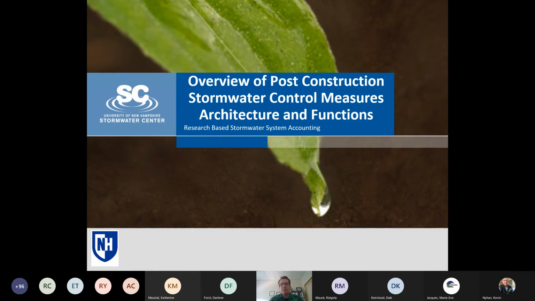I don't know who controls the acronyms, but I guess this dates back to 2008 when the National Academies of Sciences produced a report to Congress about the state of stormwater, and that's where they introduced this new acronym, SCM, which presumably replaces best management practices. Although you can never replace BMPs, it's kind of permanently within the stormwater lingo.